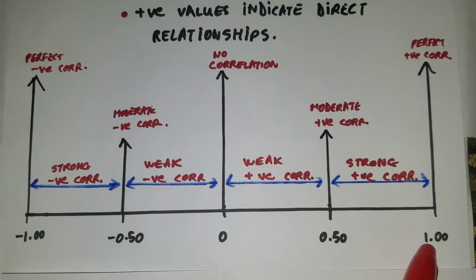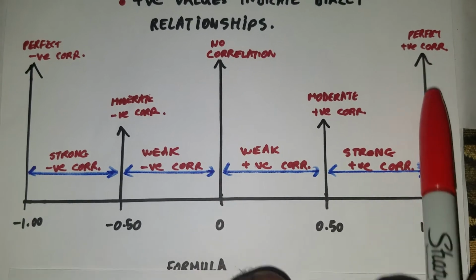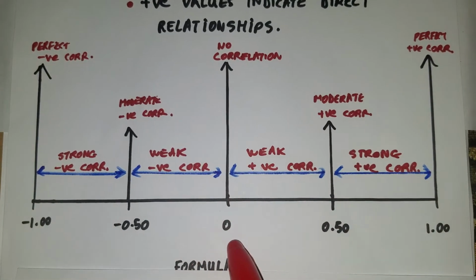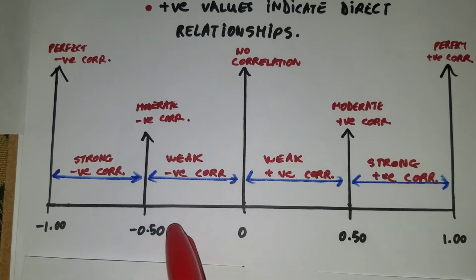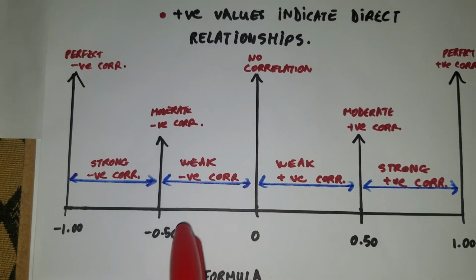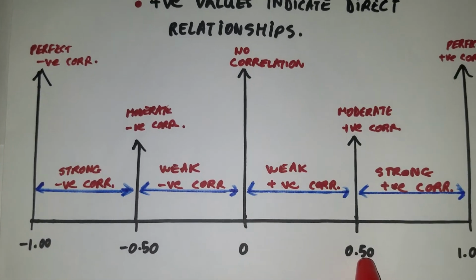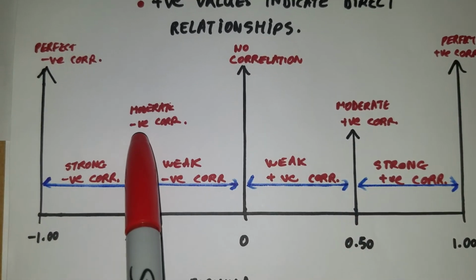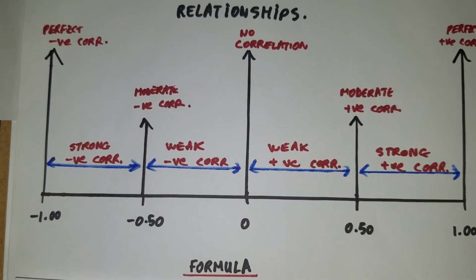Values of +1 indicate perfect positive correlation, while a value of 0 indicates no correlation at all, and values of -0.5 or +0.5 indicate a moderate negative correlation or a moderate positive correlation.